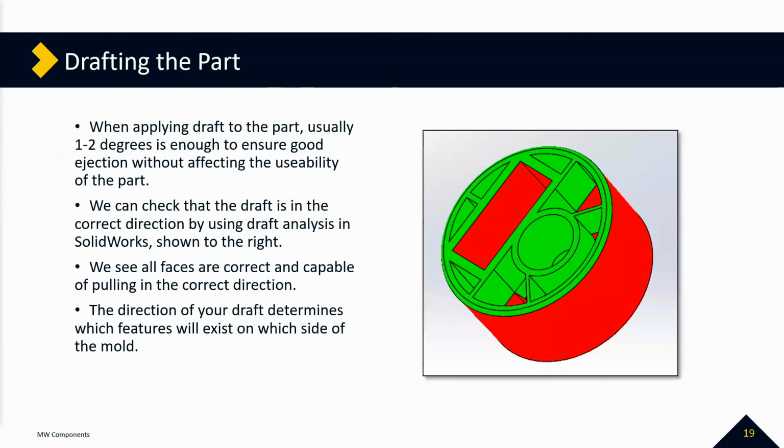Well, actually, so on this draft analysis, you'll see where the red meets the green, that's really your parting line. So on the outside, I have everything in red being on one half of the steel, and where it hits the green, that's your parting line. And you can see here that I have this entire section made out of a single piece of steel that's coming from the bottom of the part and going up to here.